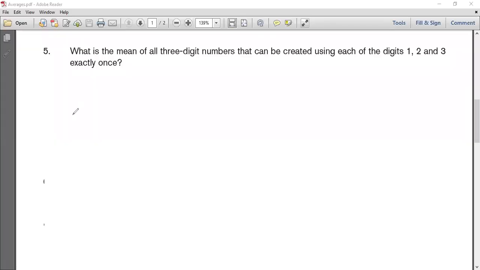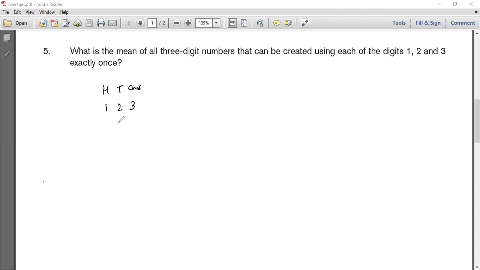Let's do question number 5. What is the mean of all three-digit numbers that can be created using each of the digits 1, 2, and 3 exactly once? So they're talking about three-digit numbers, which means we have a hundreds place, a tens place, and a ones place.